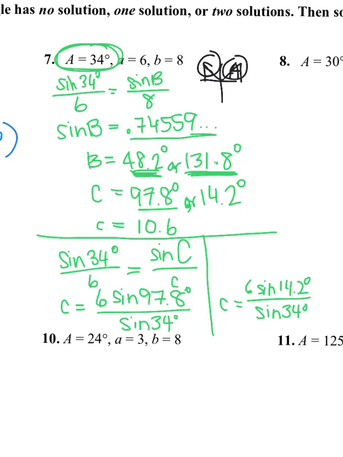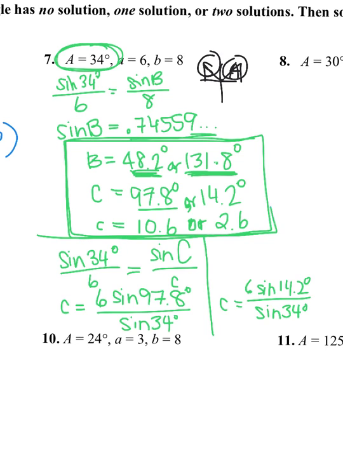All right, and you plug that into your calculator, and hopefully you get a side length of 2.6. Okay. And that's what it looks like when you have two solutions. Again, for work, I do not require that you show this step. You can do that in your head.